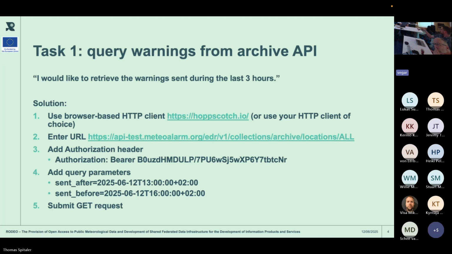We'll pause the presentation, and if you have any questions, we'll walk around and help. You've been given all the data, like which endpoint it is, the authorization you need, and the query parameters. The query parameters are part of the URL, so they are not sent in the body; it's a GET request. Once you've submitted that request, you should see all the warnings sent during the last 3 hours.